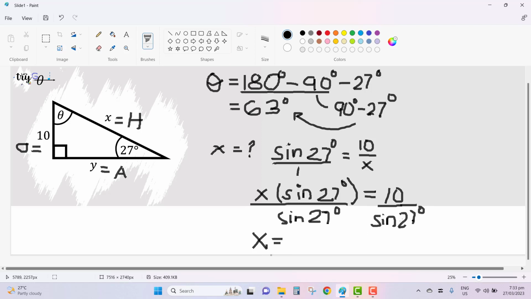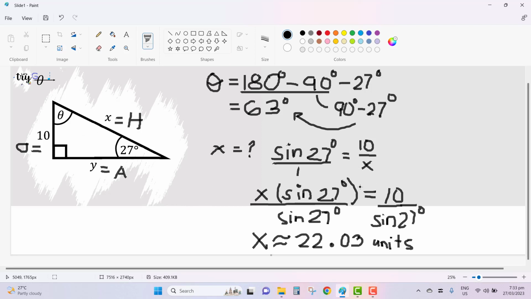This is not exact, and we are going to round it off to 2 decimal places. So instead of using equality, let us use the symbol for approximation. So x is approximately equal to 22.03, and we place units here since there's no given unit of measurement. 22.03 units. So this is the value of the hypotenuse for this given right triangle.